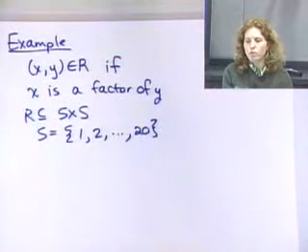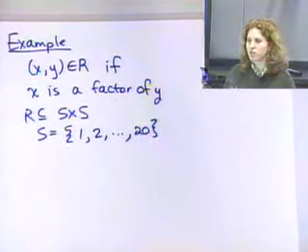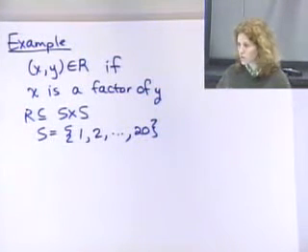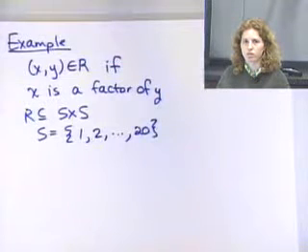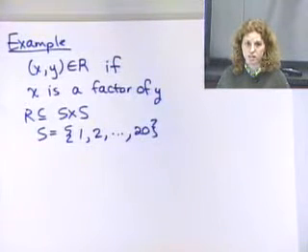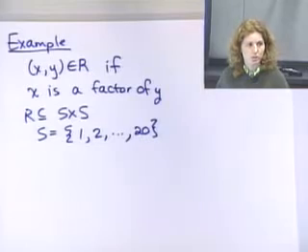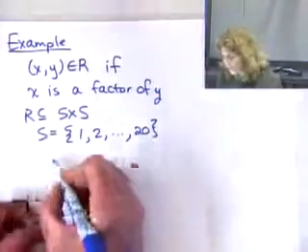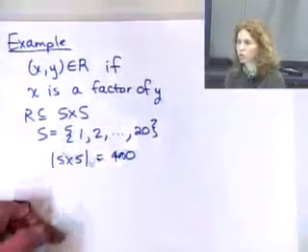By the way, how many possible relations are there on S cross S? 400. Okay, so S cross S has 400 points, right? It's 20 by 20.